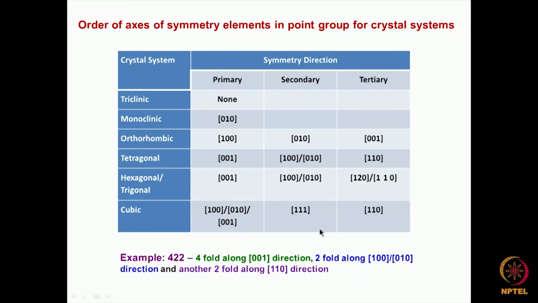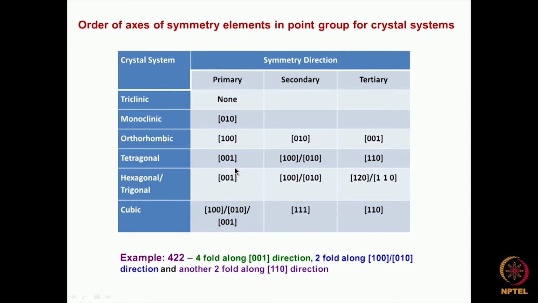Essentially, these are the symmetries along various axes. When we say 2, that means two-fold along the A axis, that is primary, then secondary is mirror along this direction, and another is mirror along this direction. So that will be 2 2 2.